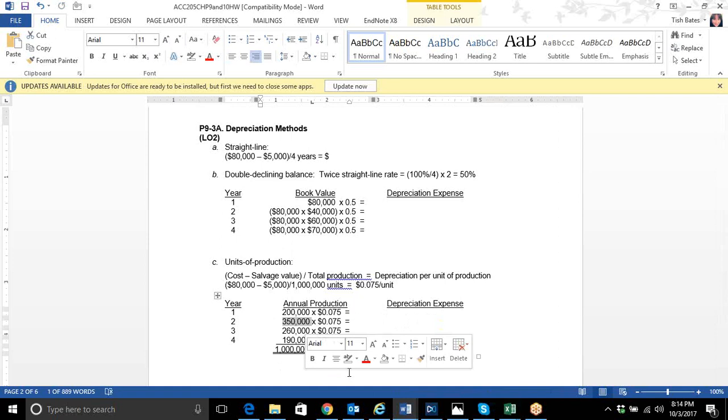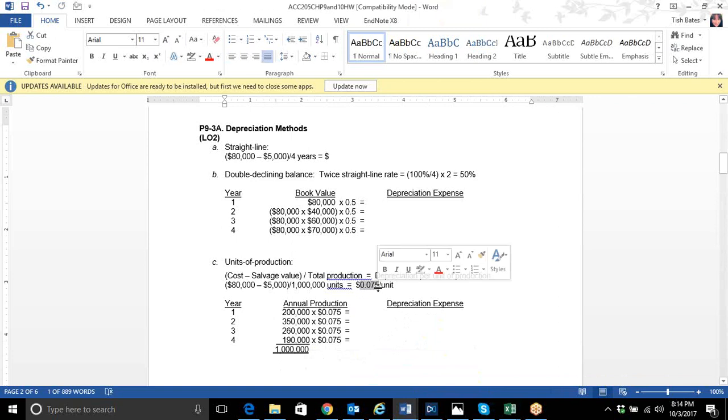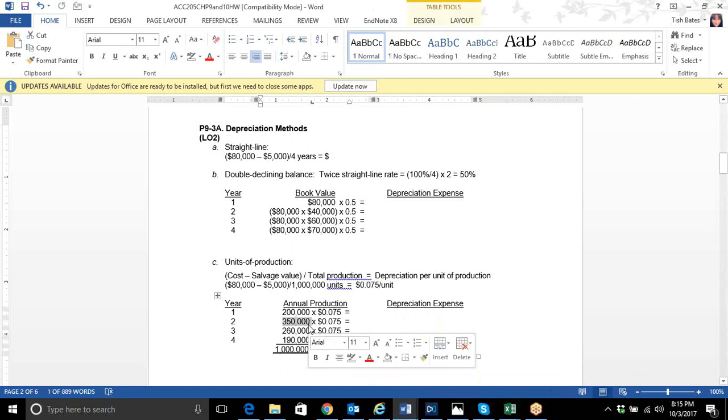No, you're literally taking, Christopher, you're literally taking the cost per unit and multiplying it by however many units of production you had, and that's your depreciation expense.